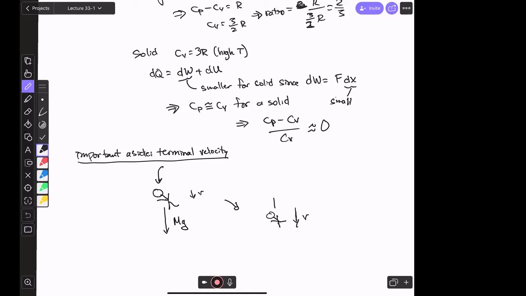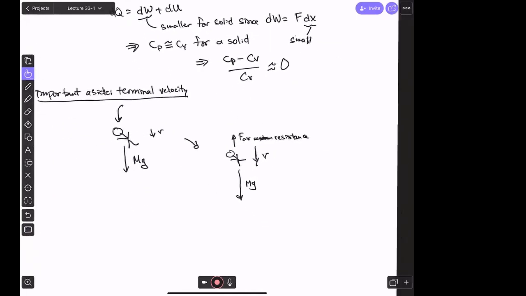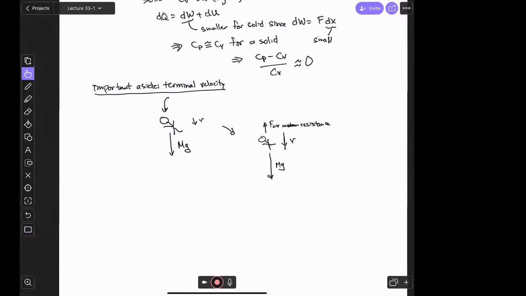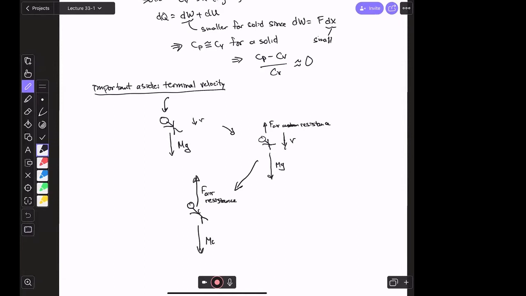And you all know that you will feel a force of air resistance. You felt this if you go running, or if you stick your hand out of a car window, you feel a force pushing you backwards. And so the faster you fall, the more that force is going to build up on you. And eventually it's going to build up to the point where it's just as strong as the force of gravity down on you.